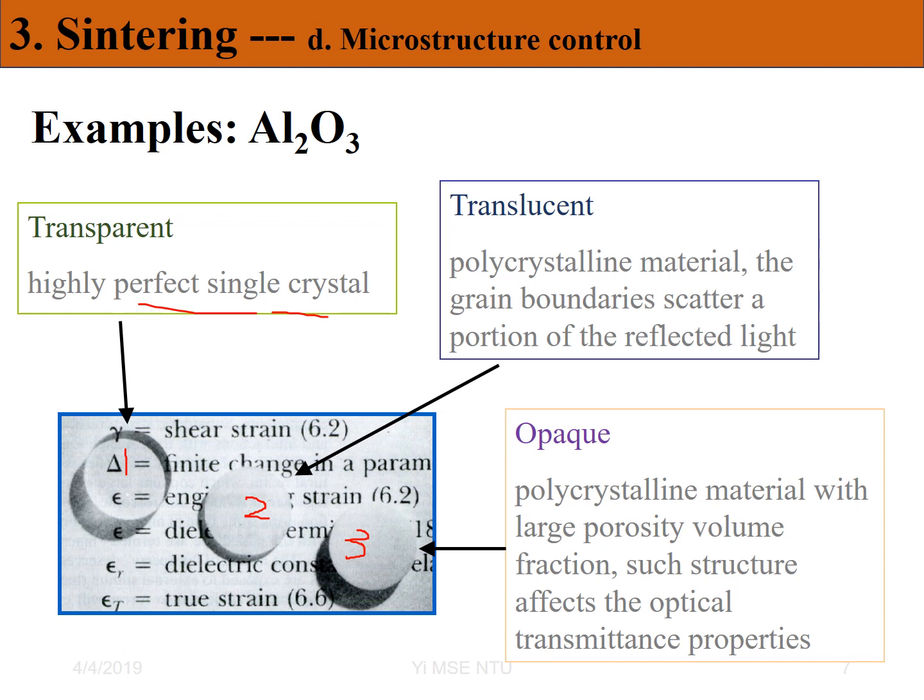If you have a polycrystalline, it's no longer a single crystal, and some of the grain boundaries are going to scatter a portion of the light. So it's something like this, more or less translucent. You can still see a little bit, but very little. The worst case is the opaque one. You have large pores and a lot of grain boundaries. All of this is going to affect the optical transmission.